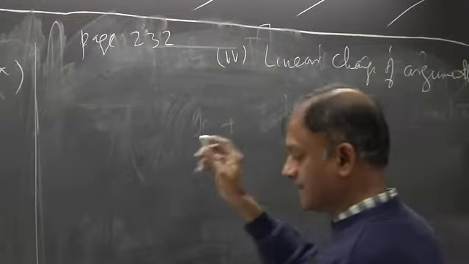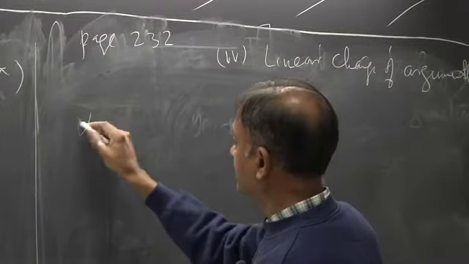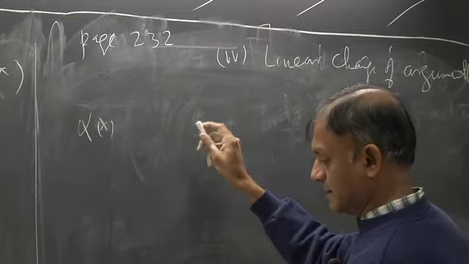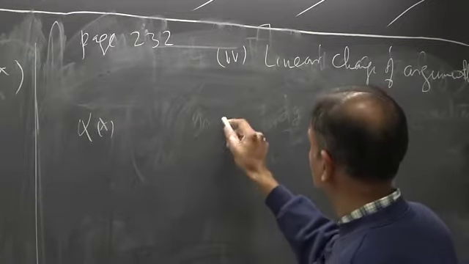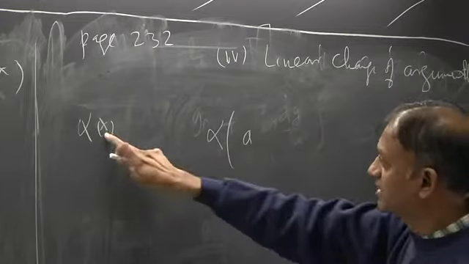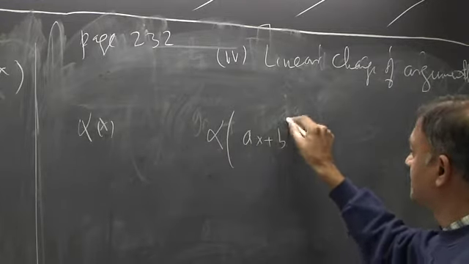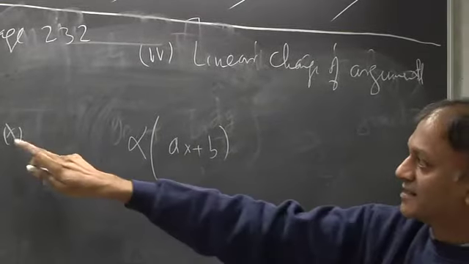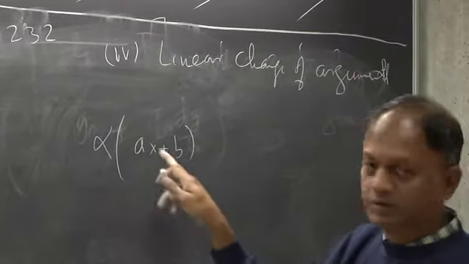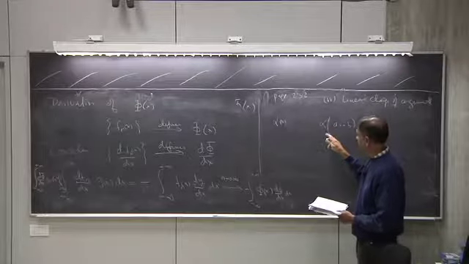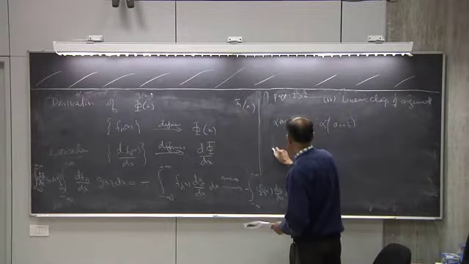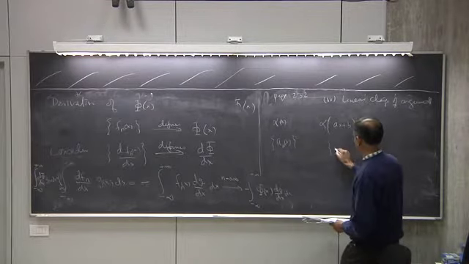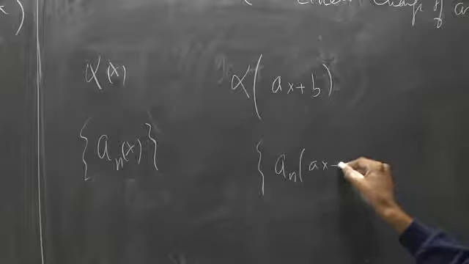Meaning that if alpha of x is a generalized function, then if you make a change of variable ax plus b, you can again define a generalized function. As you would imagine, it has some sequence of functions, and you consider another sequence of functions with the argument ax plus b.